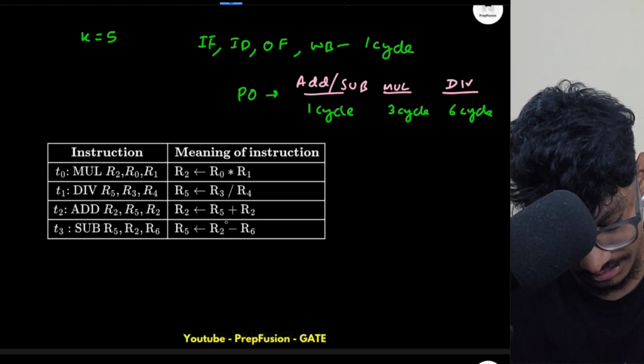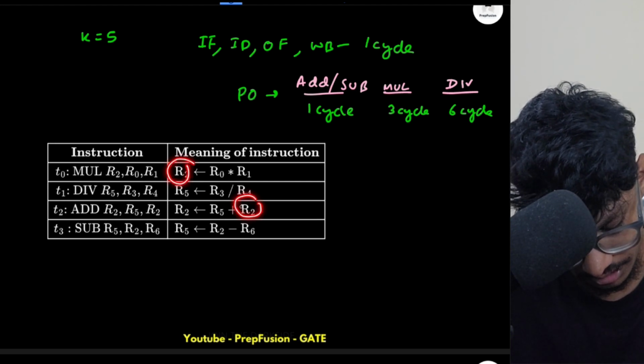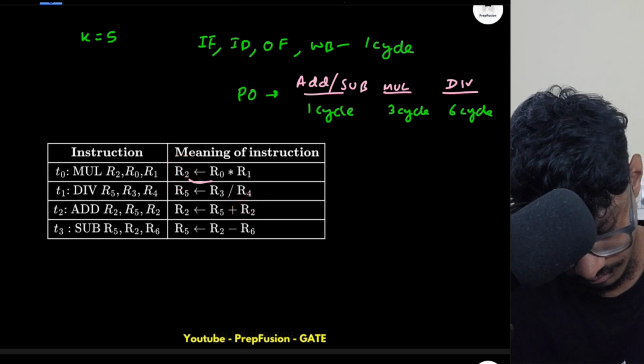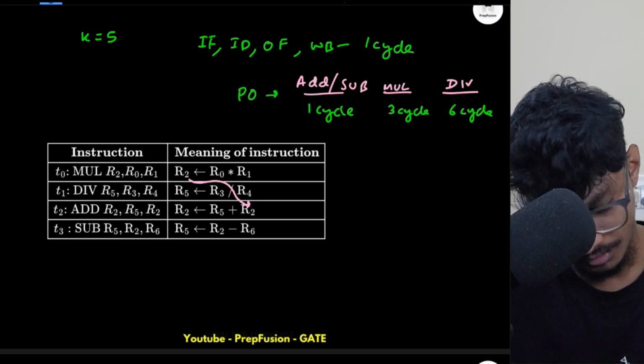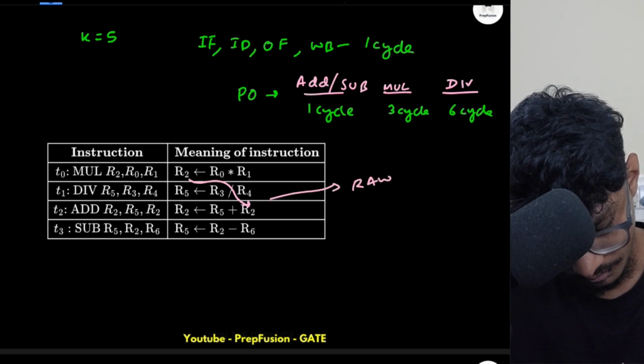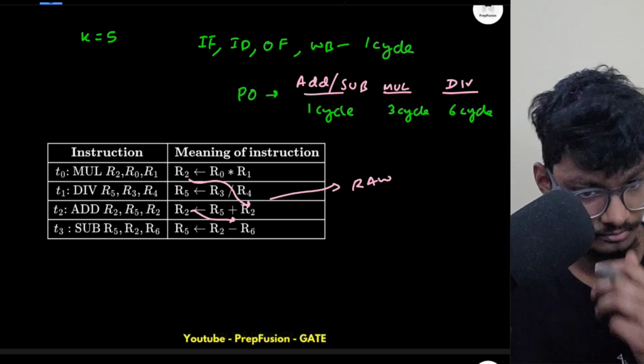Where is the data dependency? Here I have a data dependency, R2 and R2. I am writing, this is a RAW type data dependency, and again here there is a data dependency.